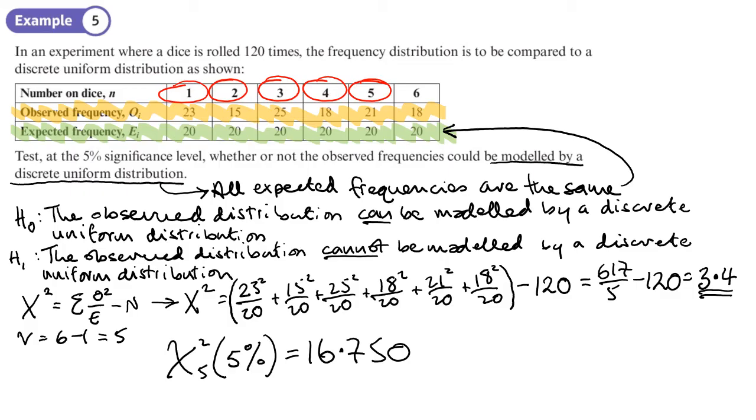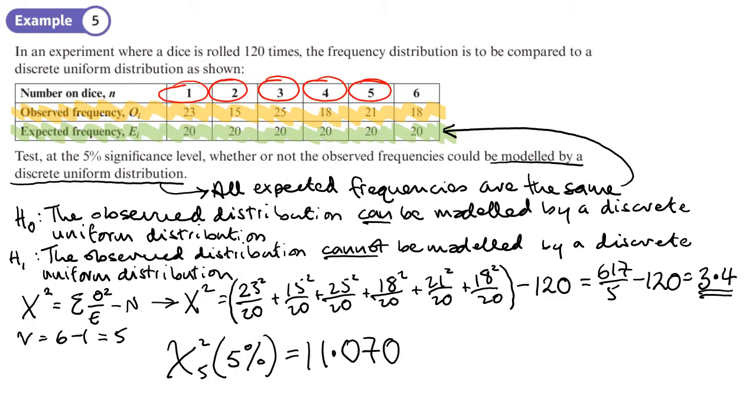Oh, sorry, let me correct that. I looked at the 0.5% column. I looked at the wrong column. So sorry about that. It should be 11.070. Always helps when you look at the right column in the table.